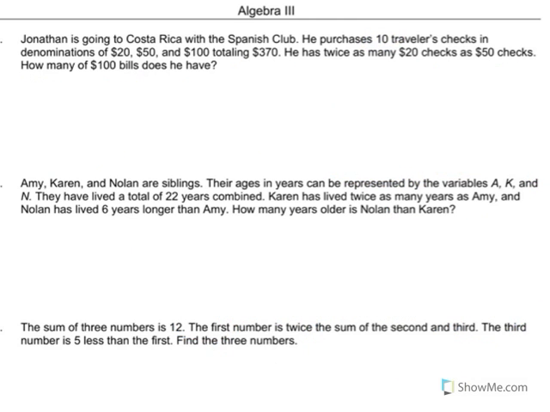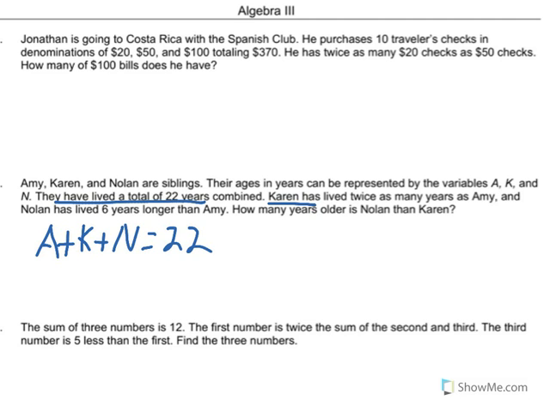Alright, this one you're going to set up pretty much the same way. This time they have A, K, and N. If I add all their ages together, A plus K plus N, it's going to equal 22 years combined.